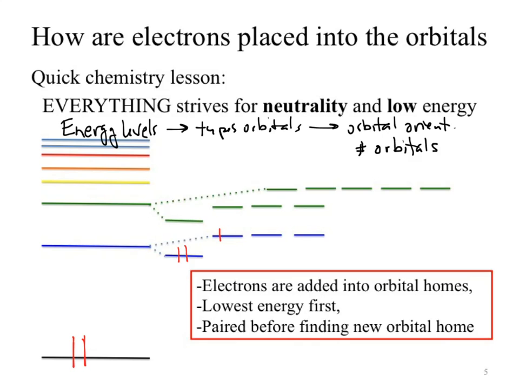Goes into the P, but which P? What was our rule? We want to pair before finding a higher energy orbital. According to our chart, what's the energy of all of those P orbitals? The same. So where should that electron go?